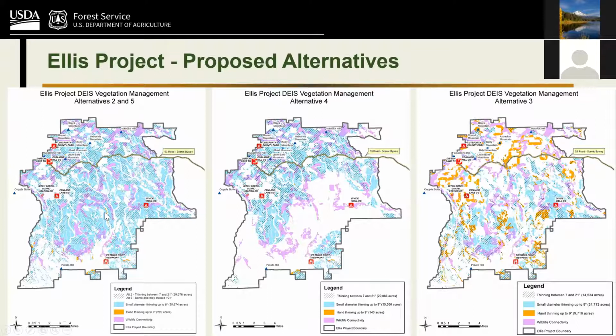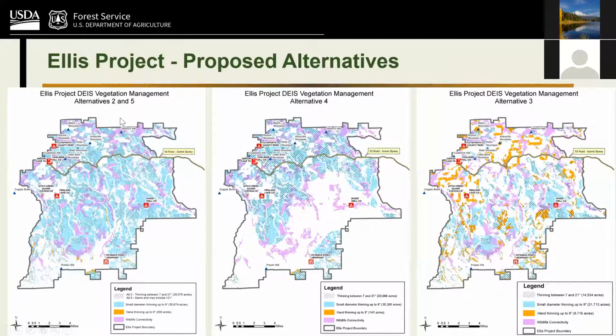And the story map, you can actually go in and it's an interactive map, and you can click the layers on and off and compare alternatives. But tonight, I just wanted to give you a taste of the vegetation management across the project area and comparing the alternatives together.